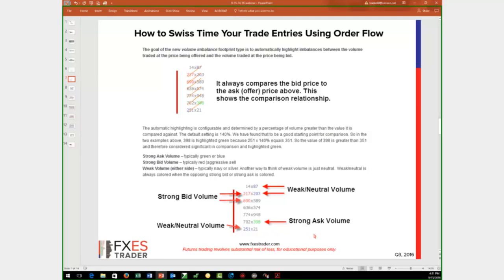So there's always one thing to be cognizant of, and that is the size of the difference. When I see something that is 400 or 500% difference between the sizes, this is in the aggregate. Remember, we're looking inside one bar here. That'll be an eye opener or a little bit of alert.